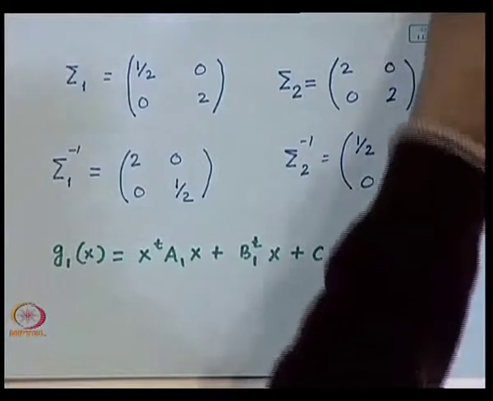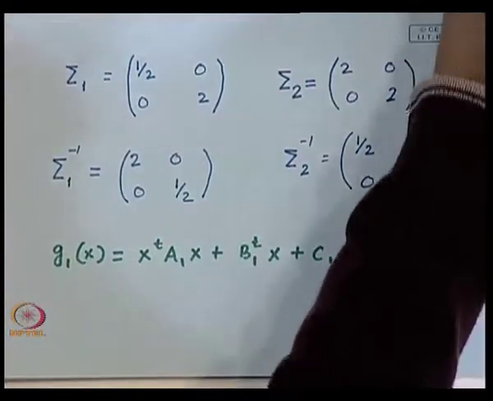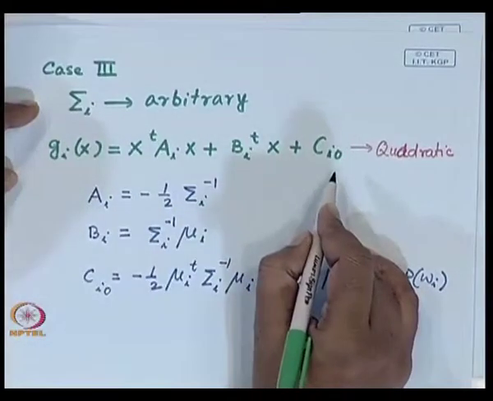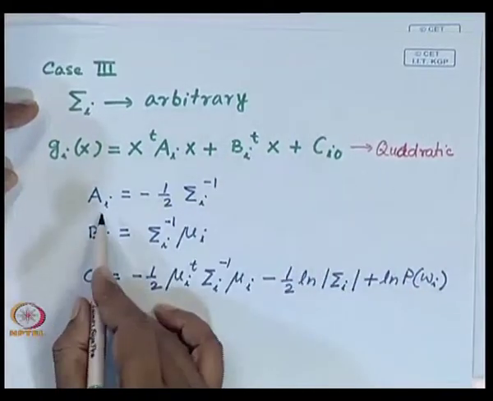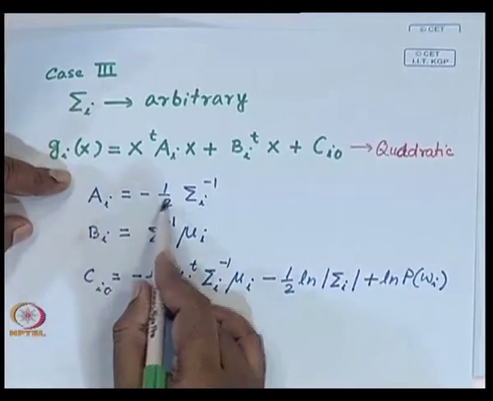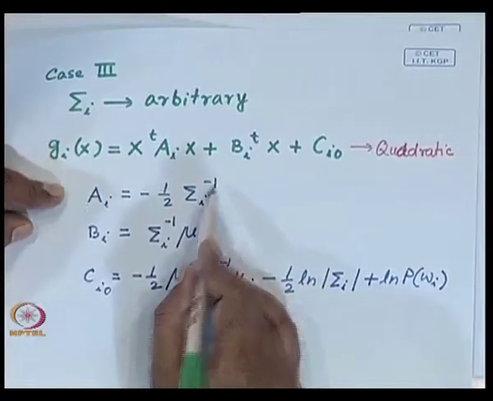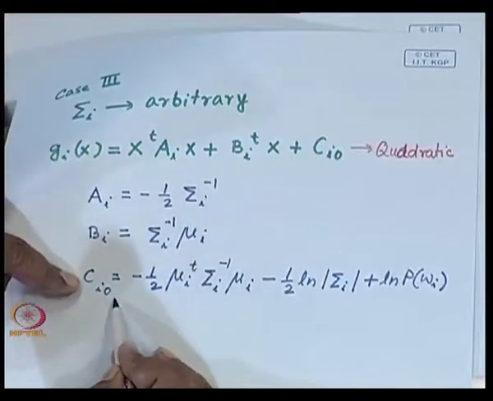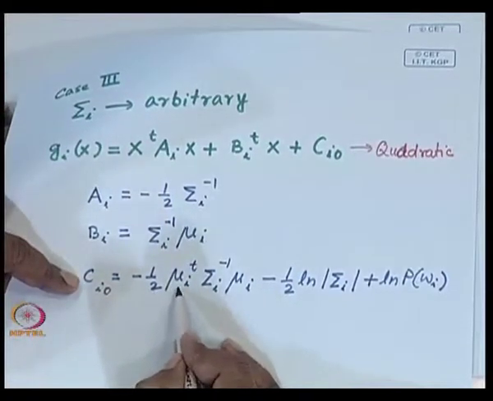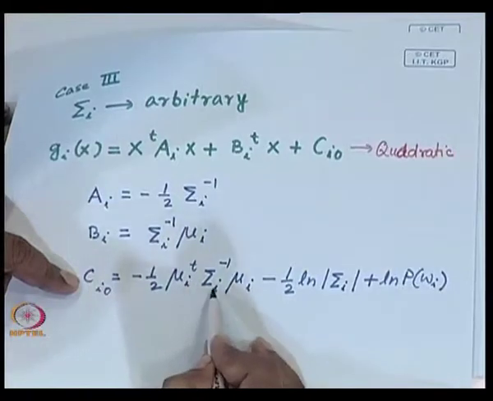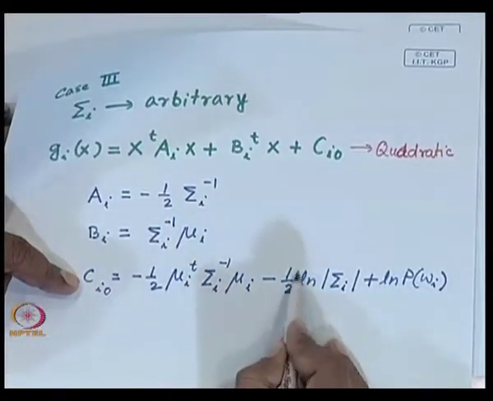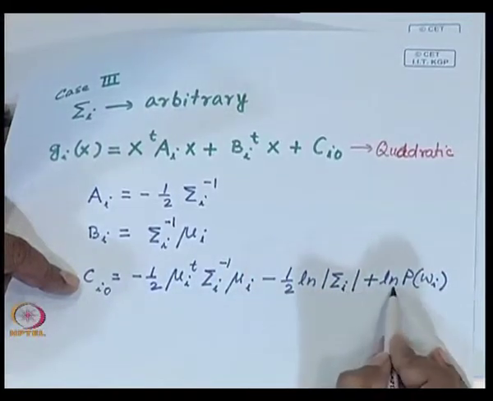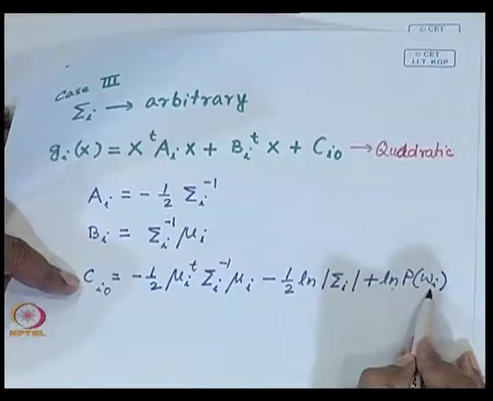And the expressions that we have given over here in a quadratic classifier, the value of A 1 will be nothing but half of sigma 1 inverse, the value of B 1 will be sigma 1 inverse mu 1, and the value of C 1 0 will be minus half of mu 1 transpose sigma 1 inverse mu 1 minus half log of determinant of sigma 1 plus log p of omega 1.